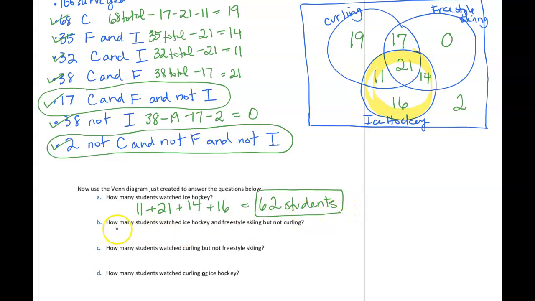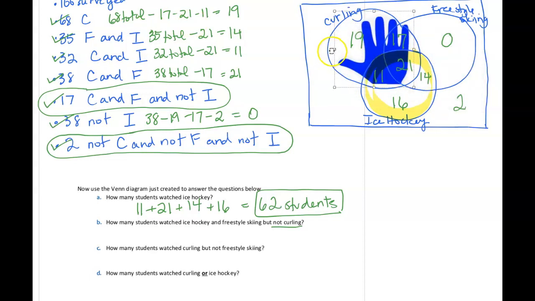Part B, how many students watched ice hockey and freestyle skiing, but not curling? When I see but not curling, that means I'm going to hide that curling set. So if I hide the curling set, and all the numbers in the curling set, remember I want to say yes to ice hockey and yes to freestyle skiing.